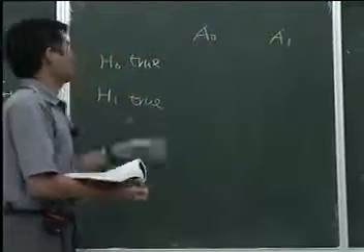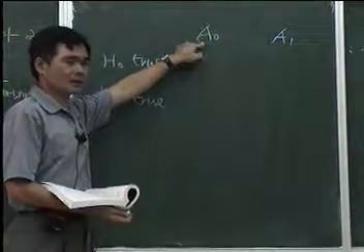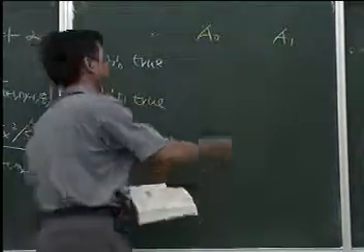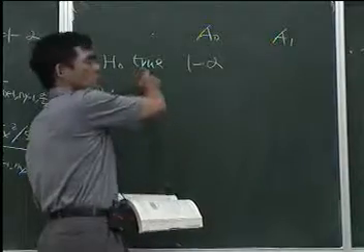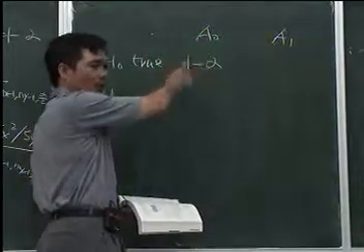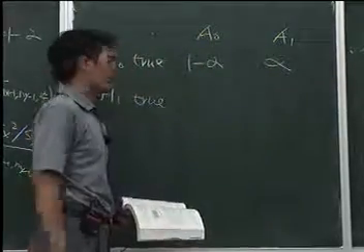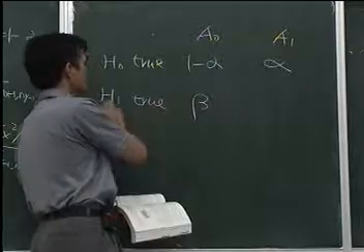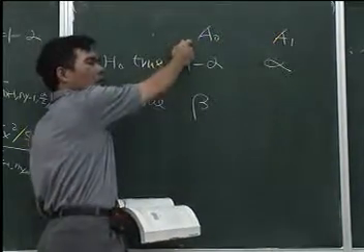If H naught is indeed true, and you take action A naught, that means you believe H naught is true, so you make a correct decision, right? If H naught is true, but somehow you reject H naught, then you made a mistake. This is type 1 error. And here the same thing, okay? You made a mistake because H1 is actually true, but you take action A naught.